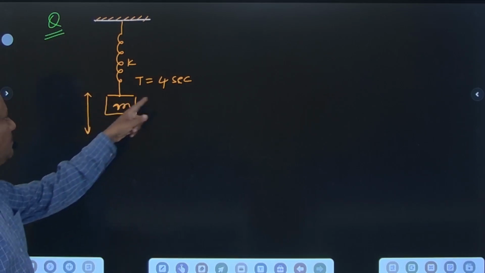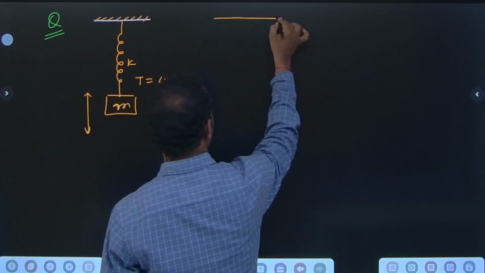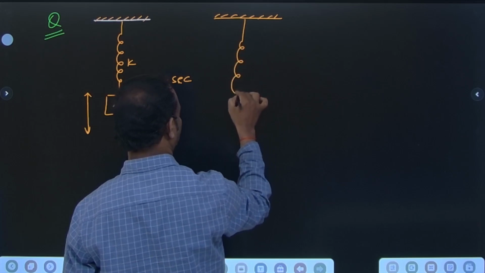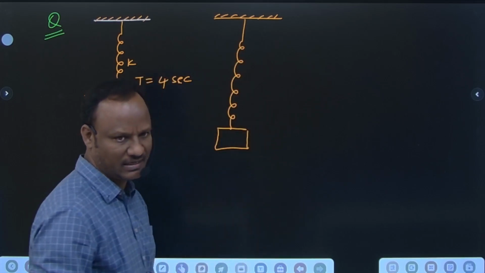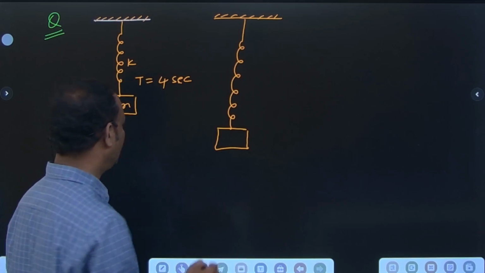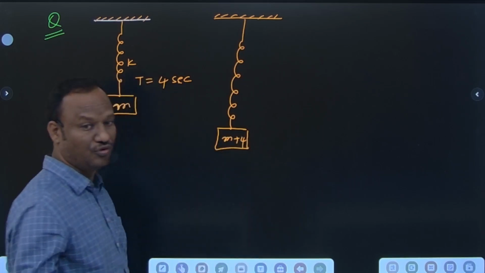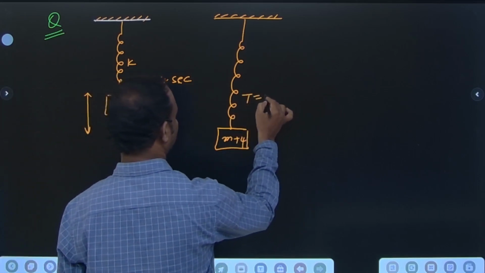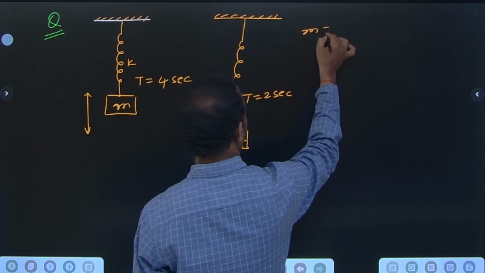Its time period is 4 seconds. If the same spring is given and some extra mass is added, so m plus 4 kg, the time period is 2 seconds. What is the mass?